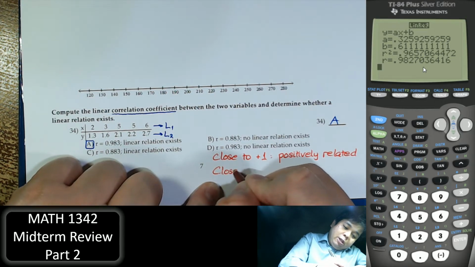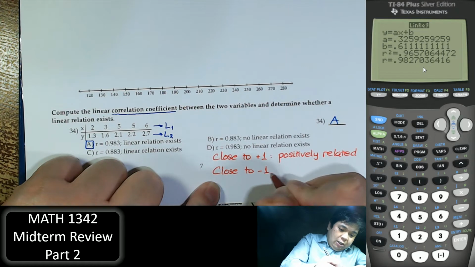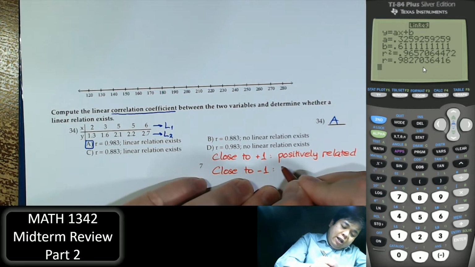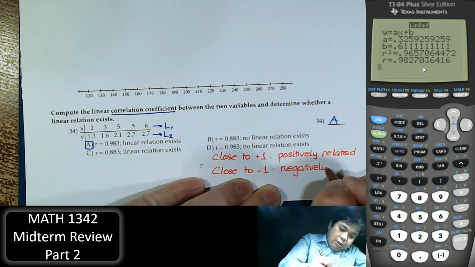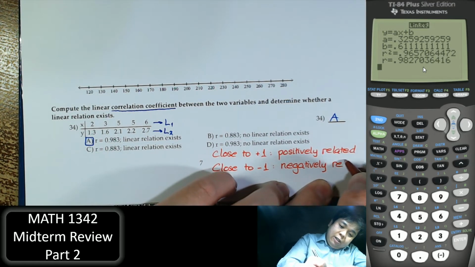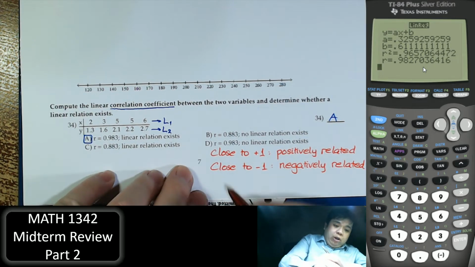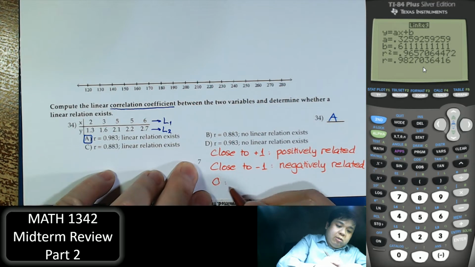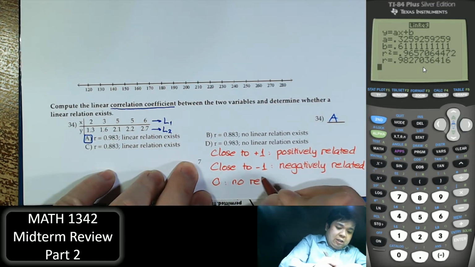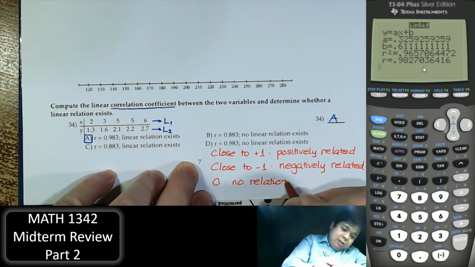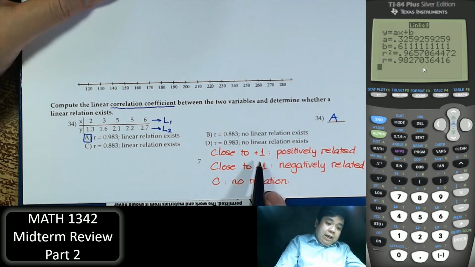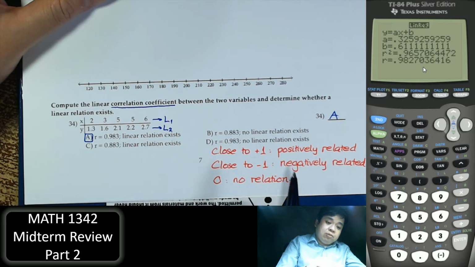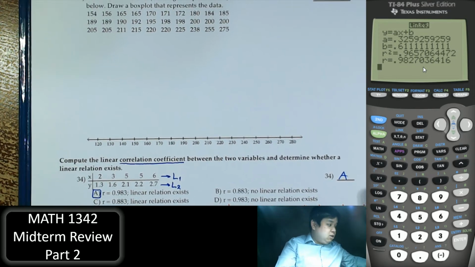If we close to -1, then we have negatively related. And if we close to 0, no relation. So in this case, because it is very close to 1, relation exists and exists strongly.